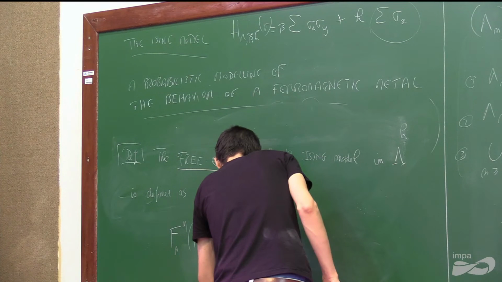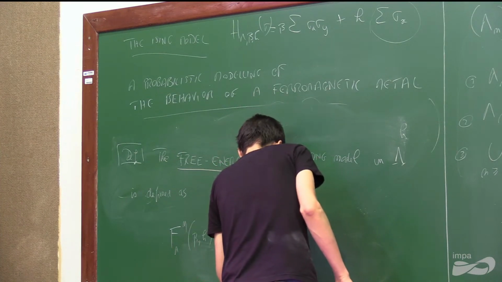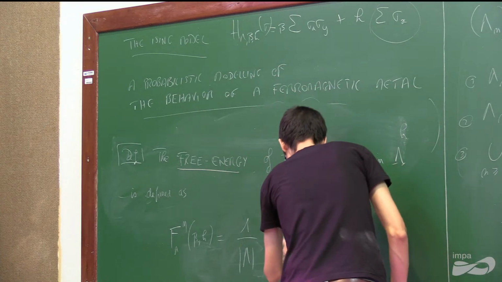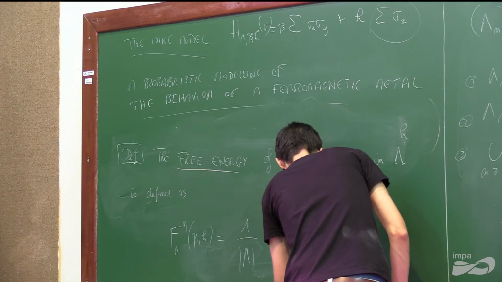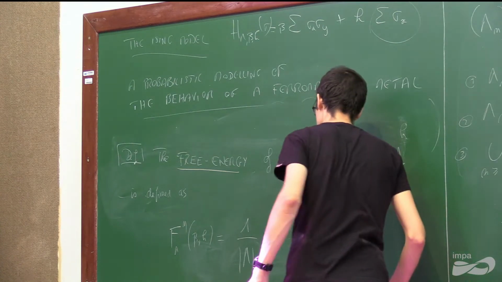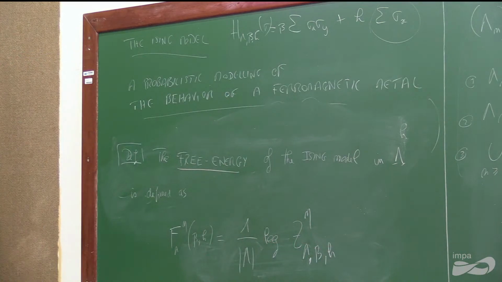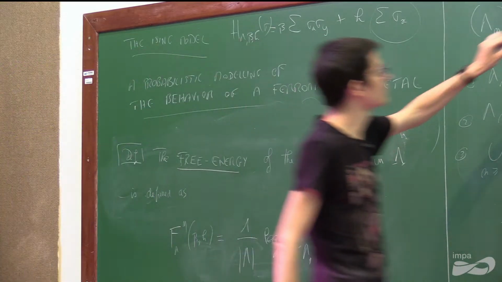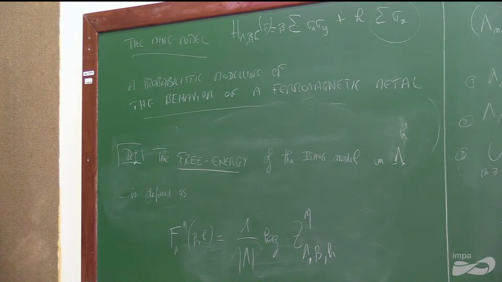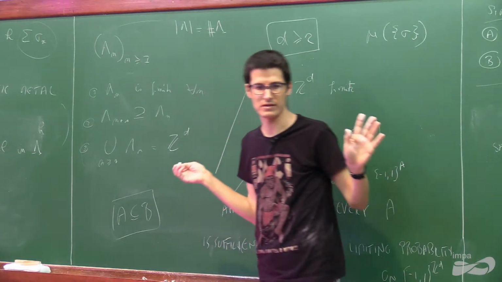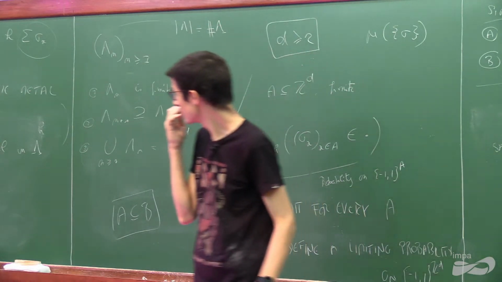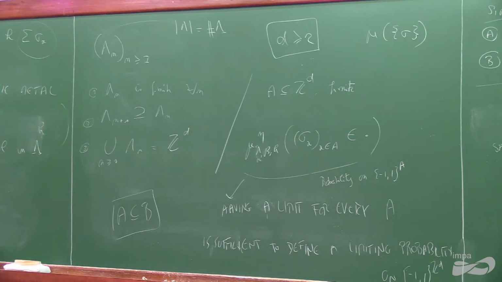It's just the log of the partition function divided by the volume of the box you're considering. It's just the number of vertices that I have in my box.